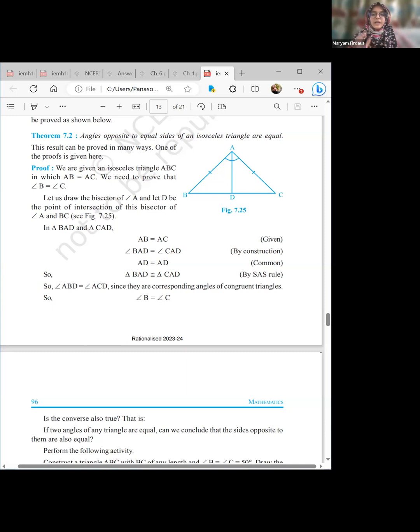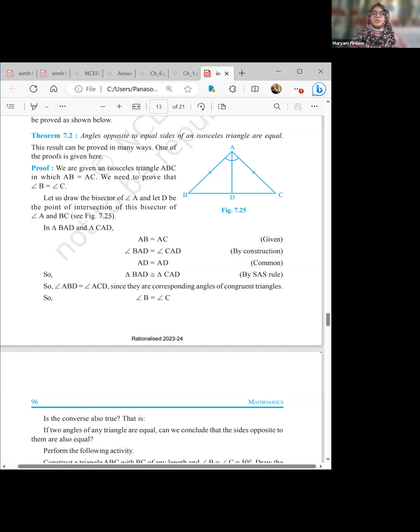A median is that line segment which divides one side into two equal halves. Draw a median AD from vertex A. So the definition of a median means it divides the side into two equal halves.